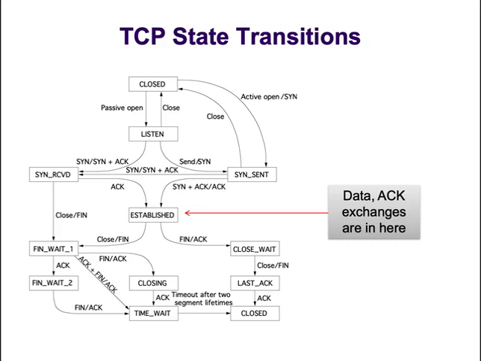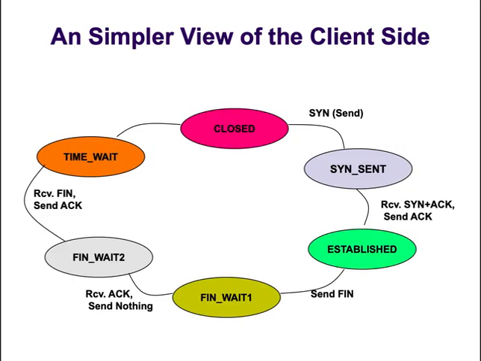So there's a whole lot of additional complexity internally within that state. ACKs and congestion control, all of that is buried in there. So pretty complicated. Stare at it offline and see how much of it you can figure out. We will typically work with a more simplified view at the client side.